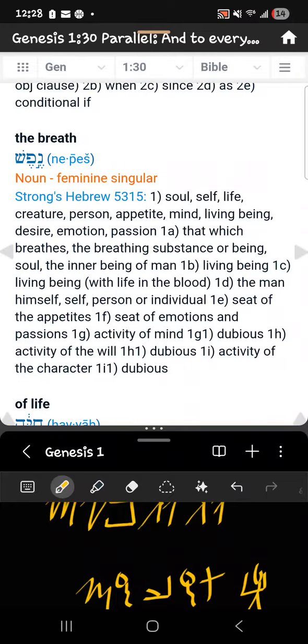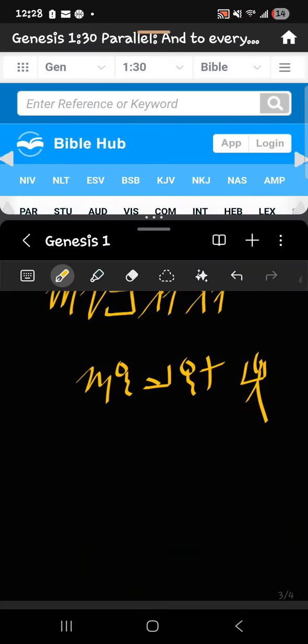Why serpent? Napish. It's not the letter nun. Don't forget the letter nun. Just down here. All right. Let me just draw something for you real quick. Napish.